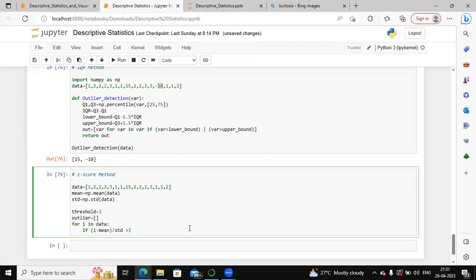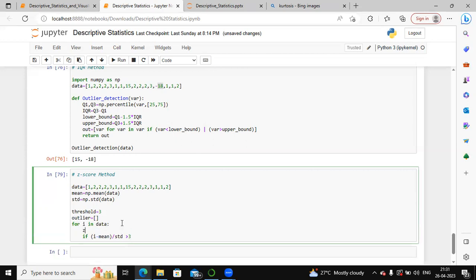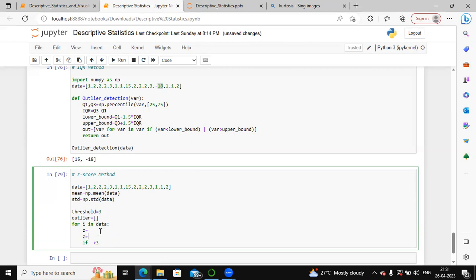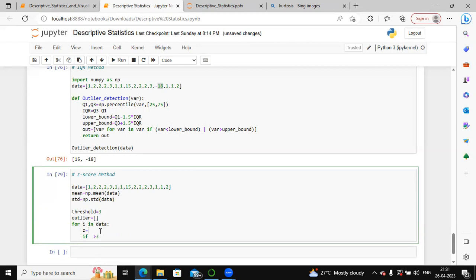let's take the z value first. Z is equal to i minus mean by standard deviation.